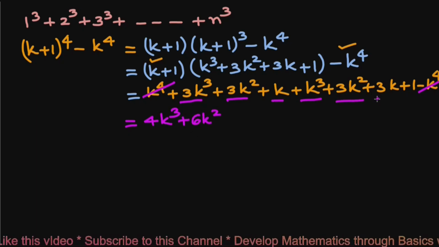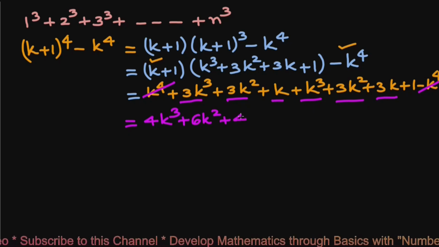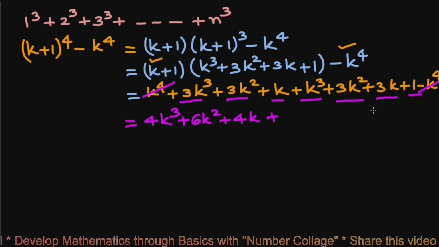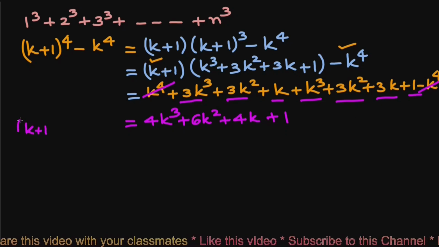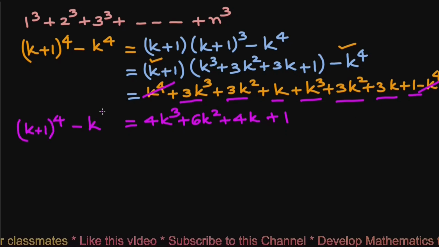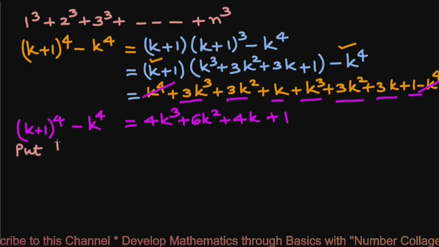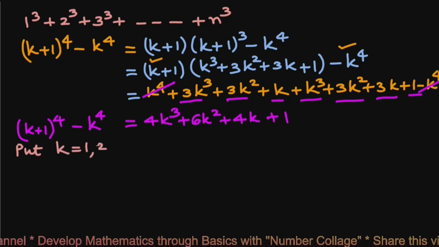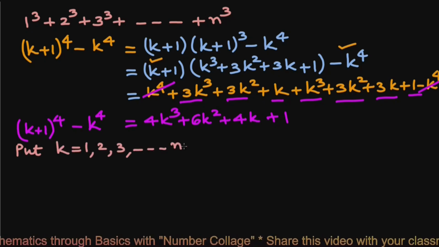This k plus this 3k will be plus 4k plus this 1, which will be k plus 1 power 4 minus k power 4. Now we will put k equals 1, 2, 3, so on and so forth n successively.